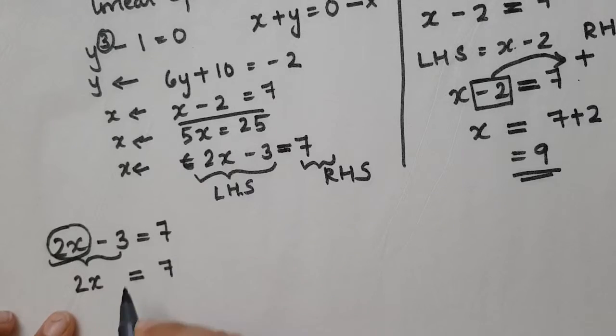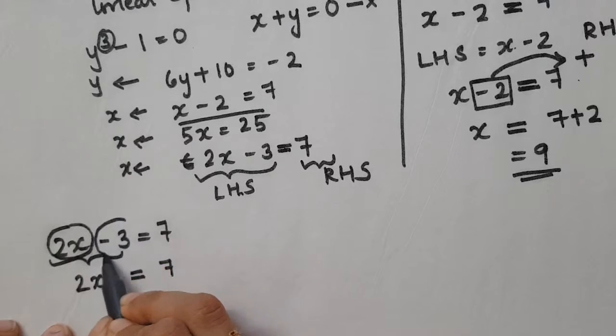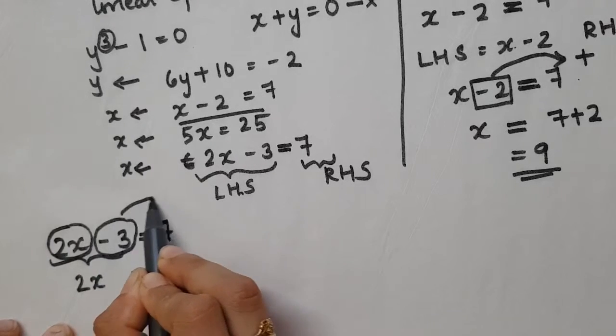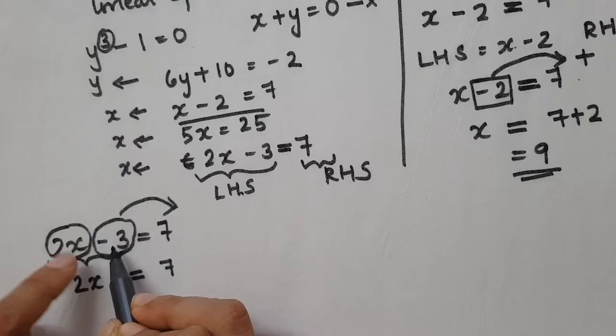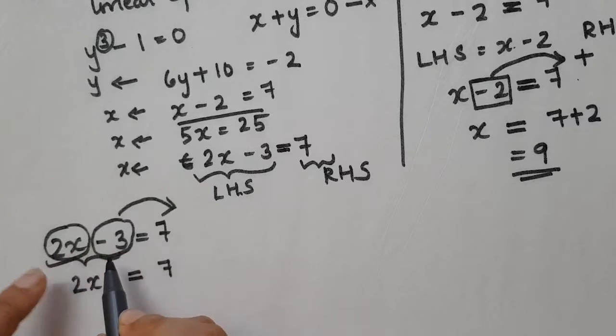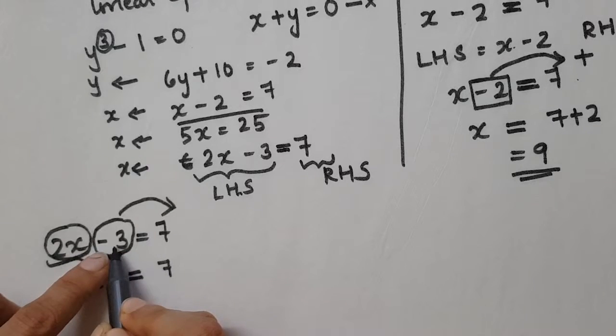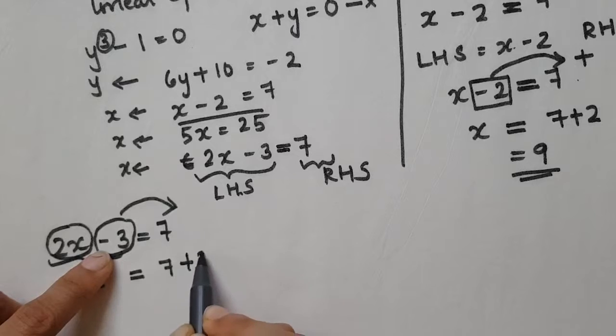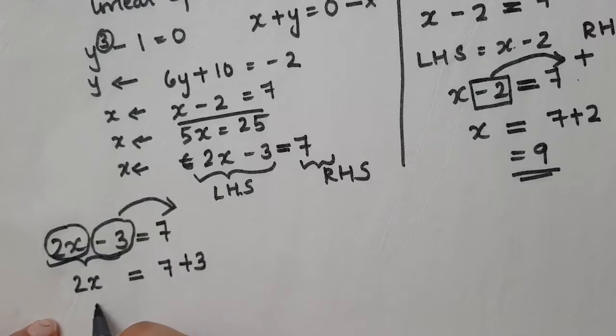We are taking minus 3 from LHS to RHS. When you're taking a minus number from one side to the other across the equation sign, the sign changes. So minus 3 will become plus 3, and you can write it as 2x is equal to 10.